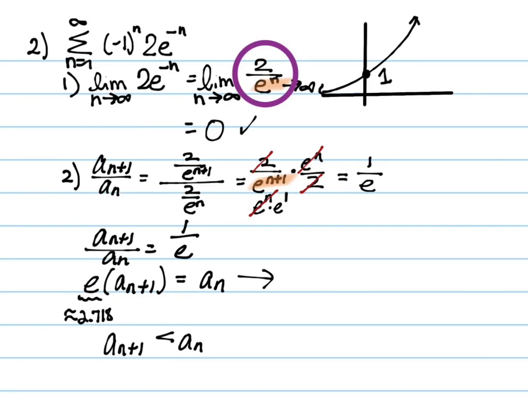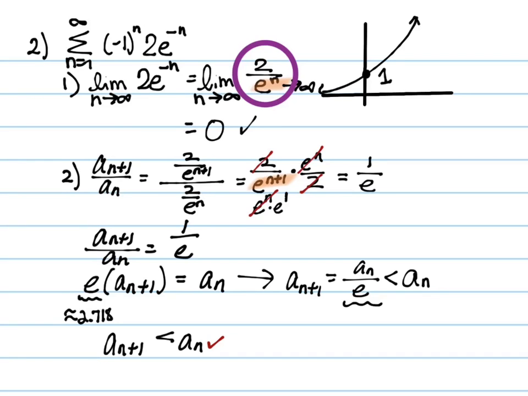Another way to think about this is I could leave this on the side and then put my a sub n with my 2.718, my e, in this denominator. And if you do that, you're actually dividing a sub n by something that is bigger than 1, which makes it smaller, right? This fraction would be smaller than if you just had a sub n by itself. So it's another way to think about it. Either way, we actually end up with the desired result.